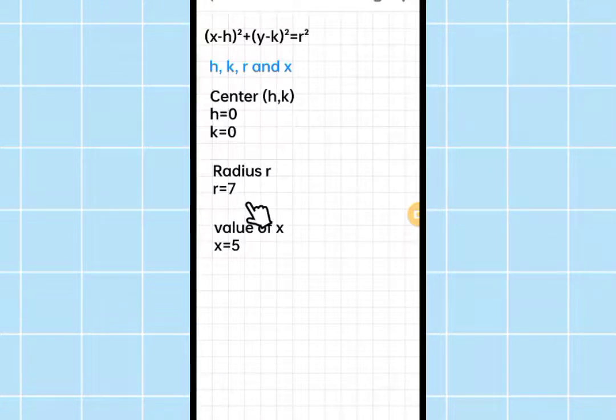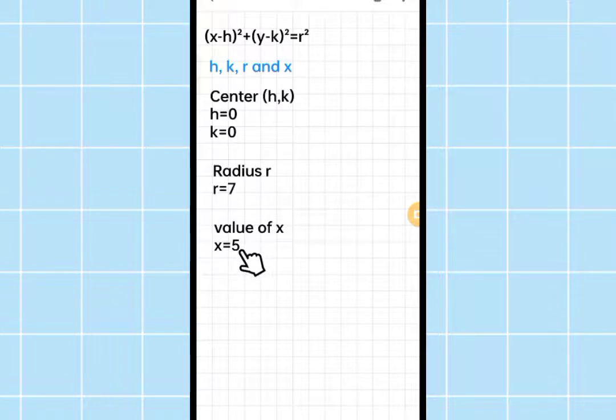The height of the semicircular tunnel is 7 meters. Using our illustration, this implies that the radius of the circle in our problem is 7 meters. Therefore, r is equal to 7. We also determine from our illustration that the value of x that we will use is 5.